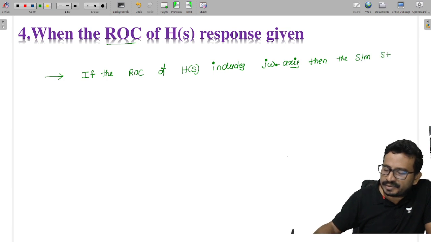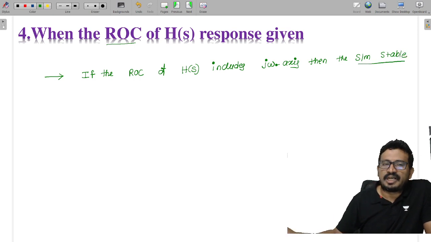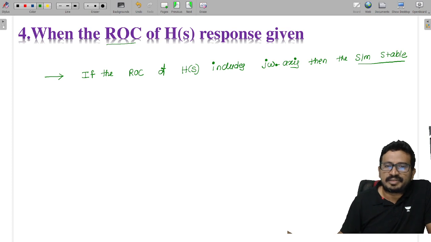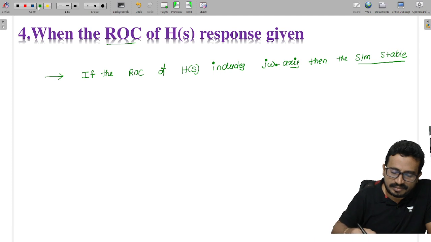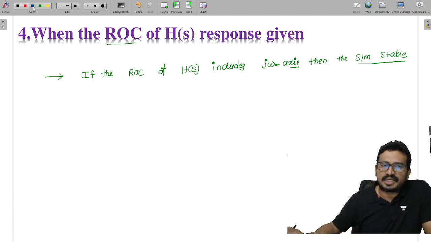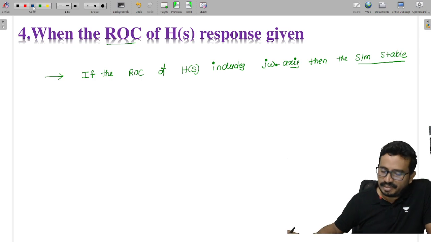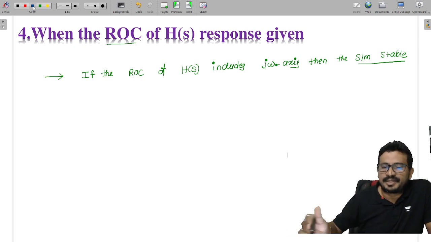If the ROC includes the j omega axis, then only the system is stable. If the ROC does not include the j omega axis, then the system is unstable. Okay. Now let us see some examples.